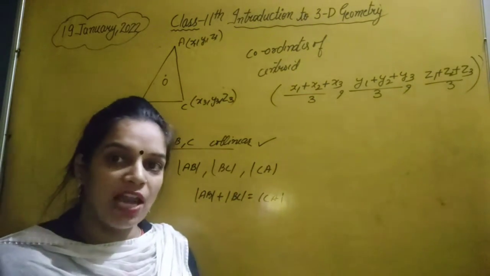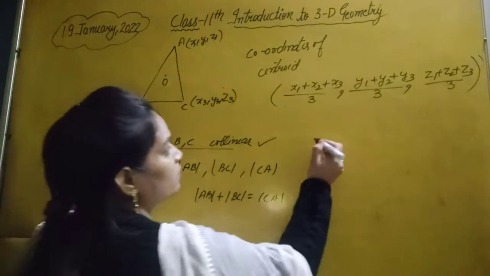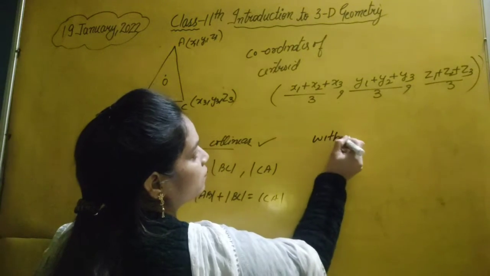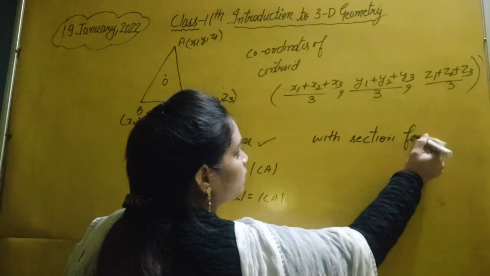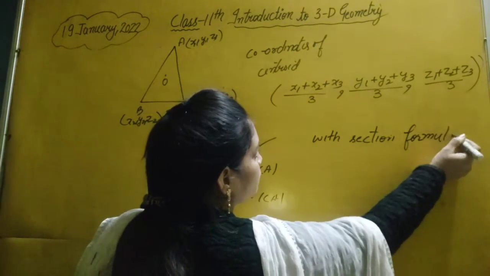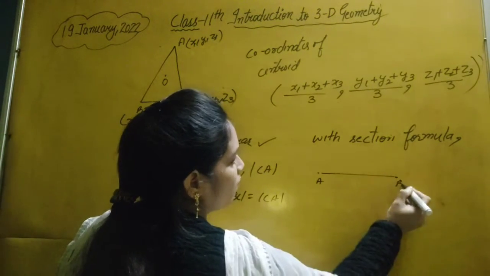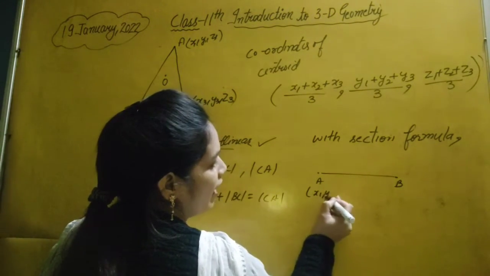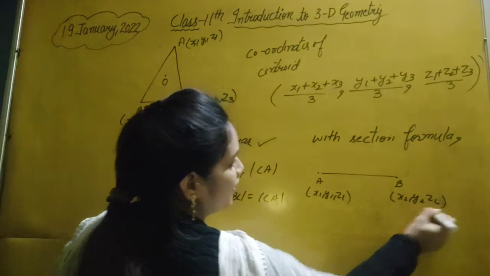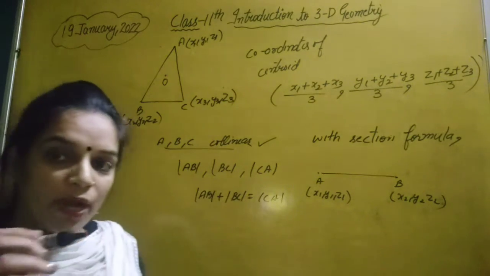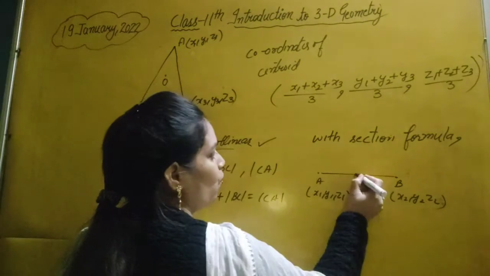Similarly, we can prove 3 points collinear with the help of the section formula. Let us assume A and B are the points whose coordinates are x1, y1, z1 and x2, y2, z2. Firstly, we will assume a point P divides the line segment AB in the ratio k:1.